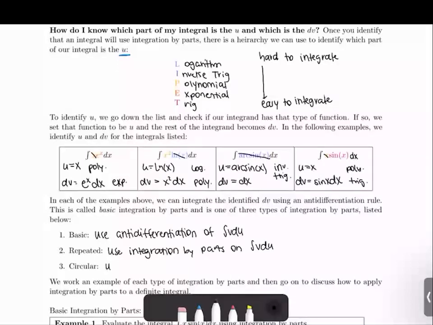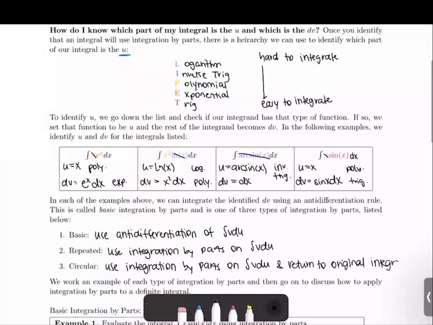And lastly is circular. So for this one, we are again going to use integration by parts on the integral of v du, but we're actually going to circle back to the original integral, u dv.